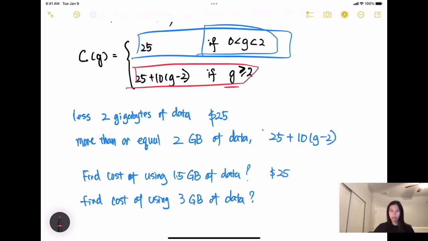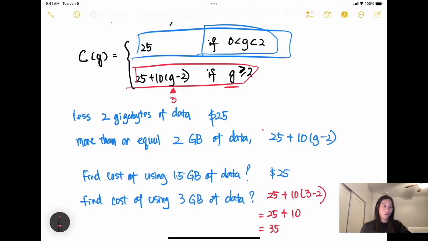So I substitute 3 into the function: 25 plus 10 times (3 minus 2), which is equal to 25 plus 10, which is equal to 35. That means if you use 3 gigabytes of data, you're going to pay $35. So this is a piecewise function.